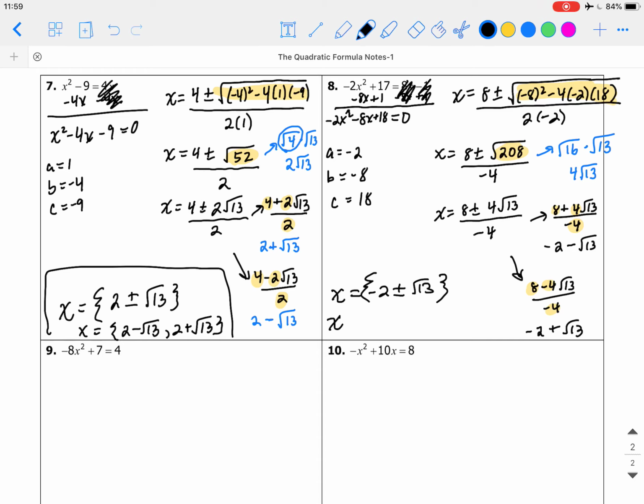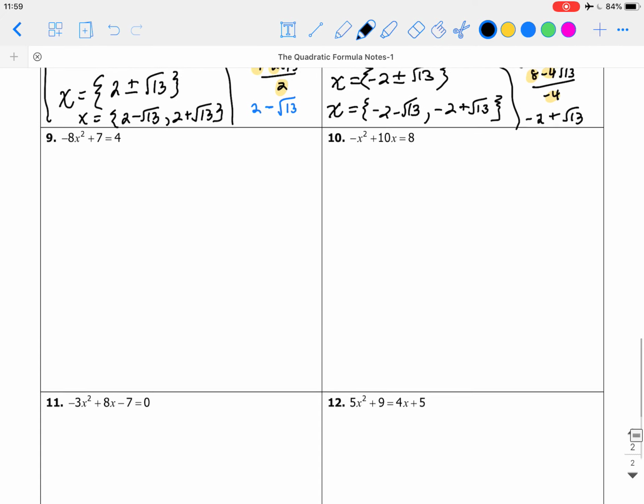Or you can also write it as x is equal to negative 2 minus square root 13 and negative 2 plus square root 13. Okay, looks great.